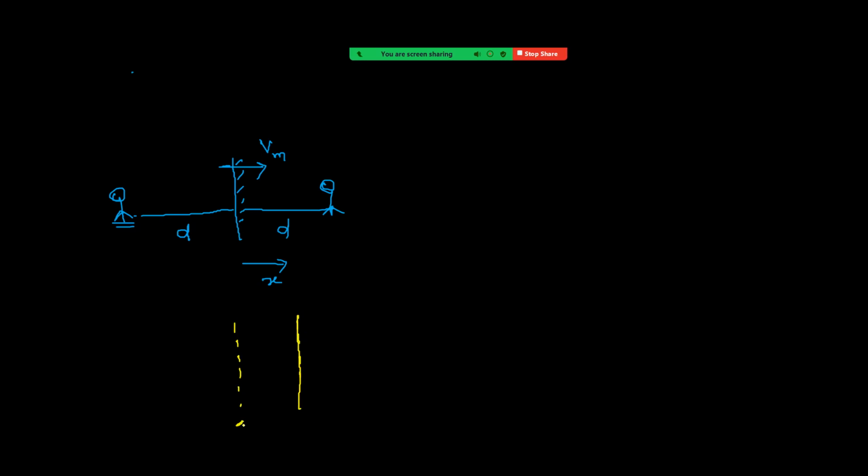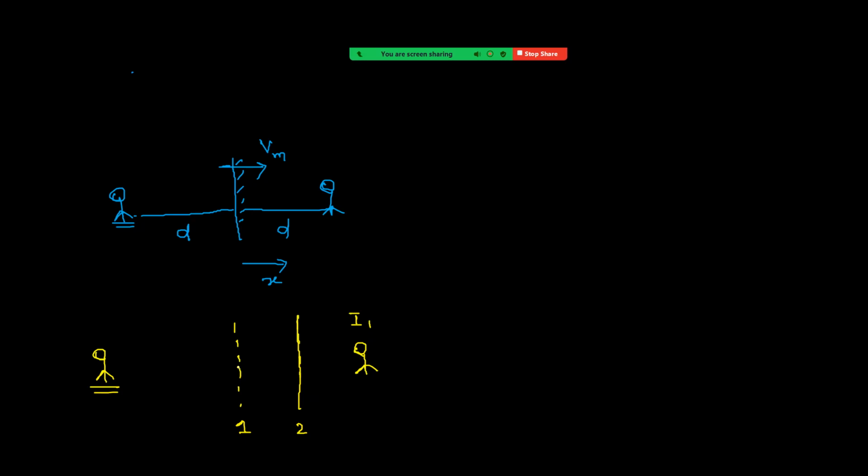I am saying this is position 1, and this is the final position. It has moved x distance. So the distance of the object is now d plus x, right? If you see carefully, this is the initial position of the image, I1.